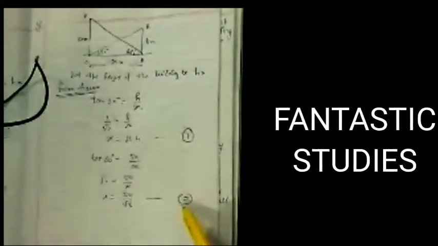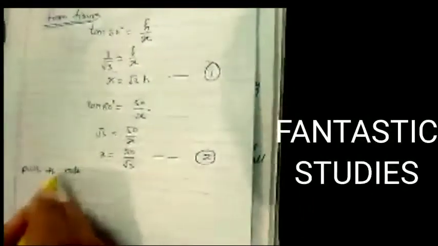This is equation 2. Now we have to find H. We can solve equations first and second. Simply put the value of X here, or you can divide equation 1 and 2. Whatever you want to do, you can do. You have two equations, so what I am doing, I am putting the value of X from equation 1.